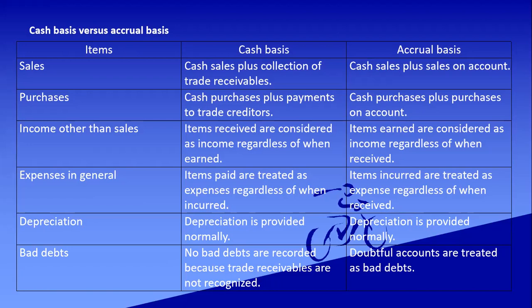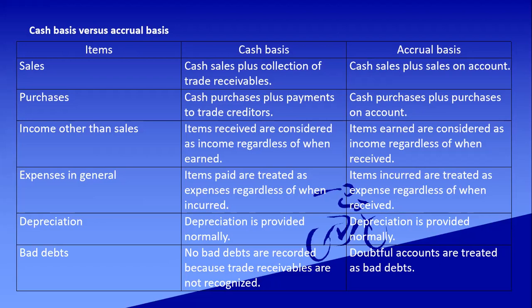Now, income other than sales, for cash basis, items received are considered as income regardless of when earned. Under the accrual basis, items earned are considered as income regardless of when received.